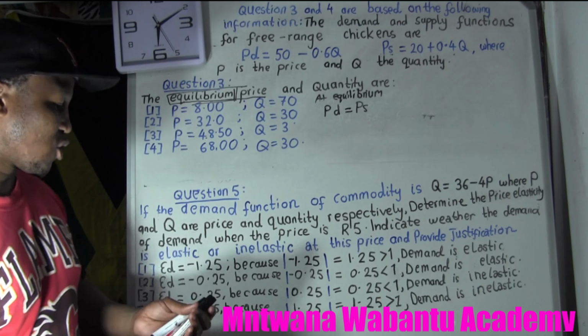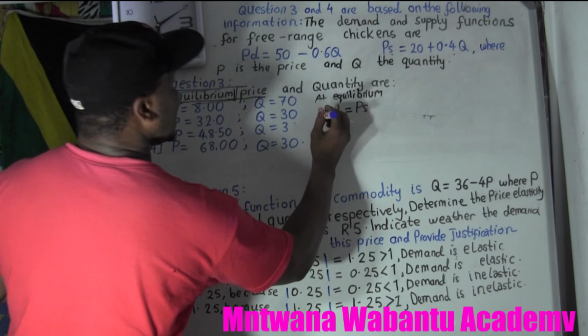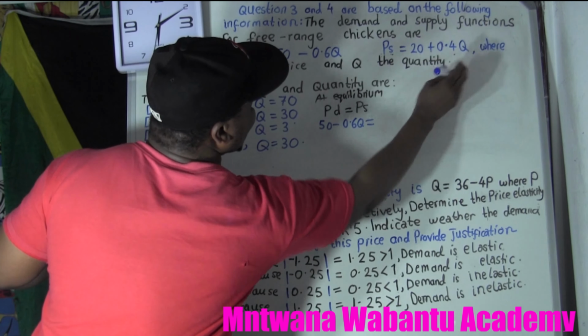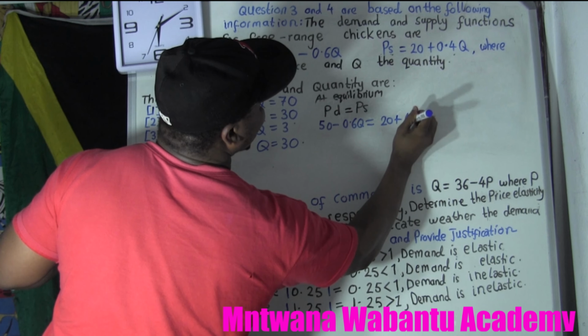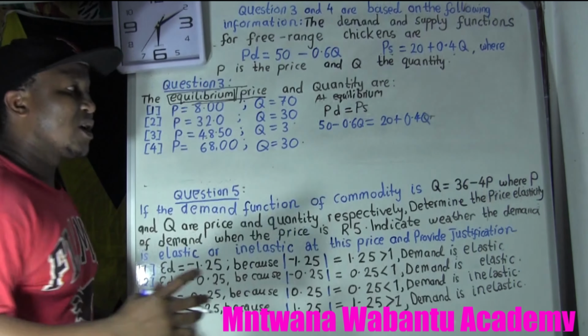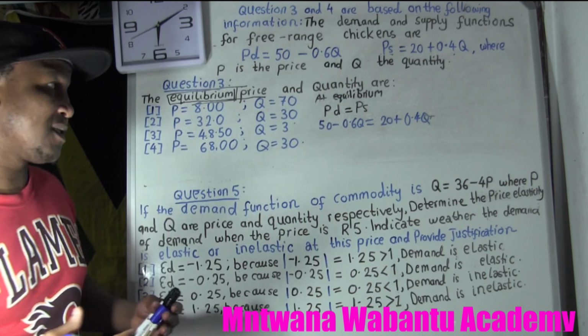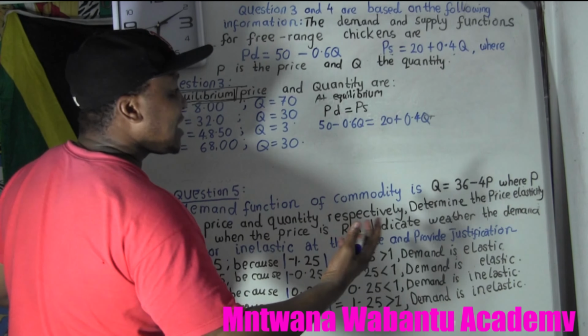Now we can plug it in. The price of demand, 50 minus 0.6Q, equals the price of supply, 20 plus 0.4Q. Just like in grade 4, 5, 6, we group the letters on the same side.